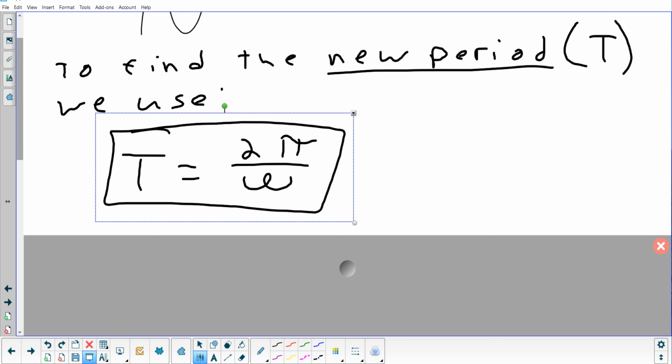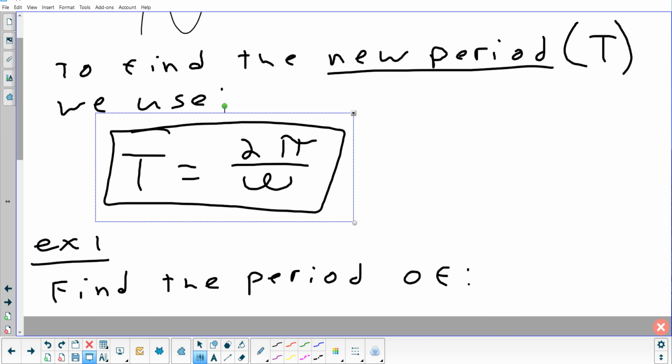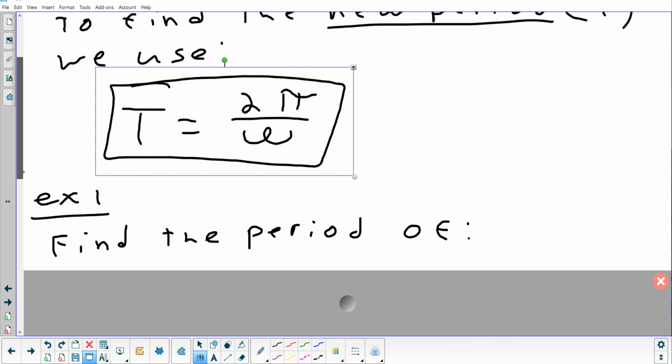And then if you can reduce it, you reduce it, but you don't have to round it off to a decimal. This is similar to me asking you what the amplitude is, because you don't have to graph it, but you have to know what number you're looking at in the equation. You're looking at the one that's right in front of the x, and that goes in the bottom of the fraction. So let's try an example.